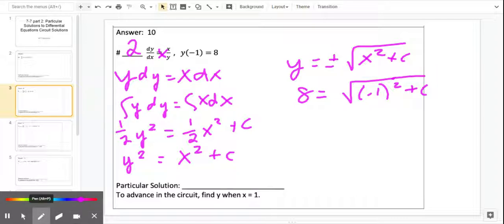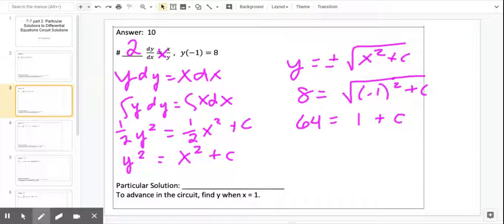So we want to square both sides. So 8 times 8 is 64. And then we have -1 squared is 1 plus c. So c equals 63.